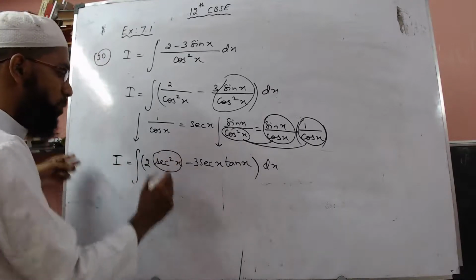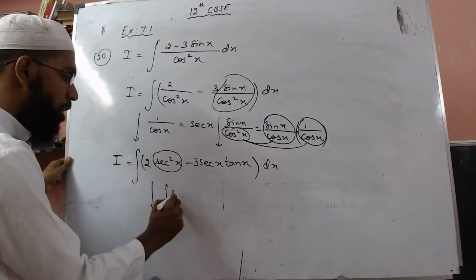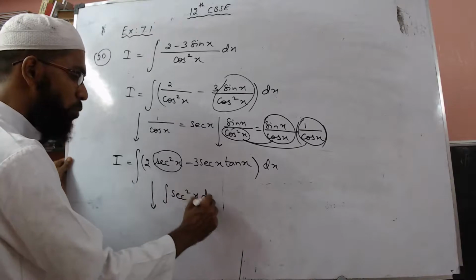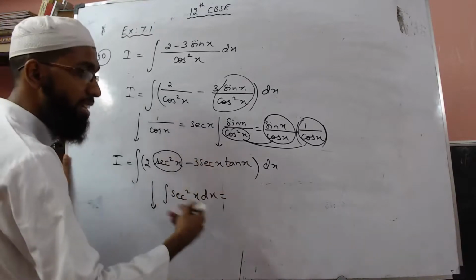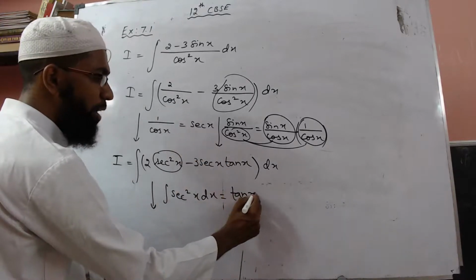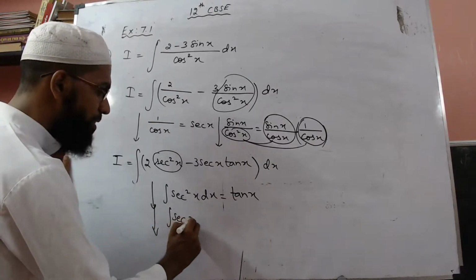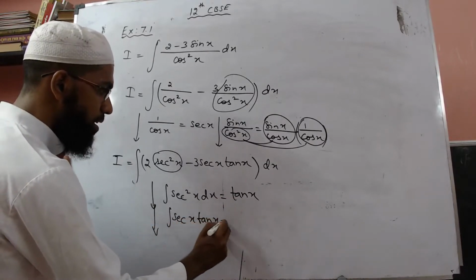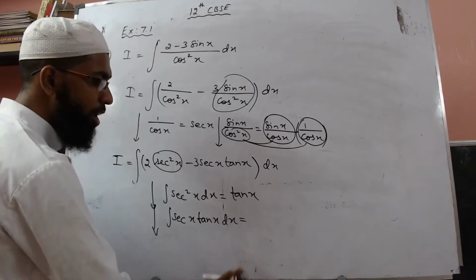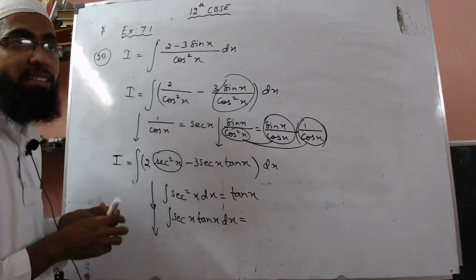What is the integral of secant square x? If I differentiate tan x, I get secant square, so the integral of secant square is tan x. In the same way, what is the integral of secant x into tan x? What is the derivative of secant x into tan x?